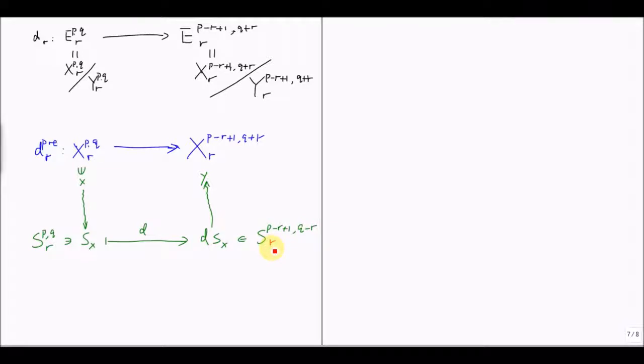So d s_x is actually in S_r^{p-r+1,q+r-1}. So now, by the definition of this, y is really a well-defined element in here.